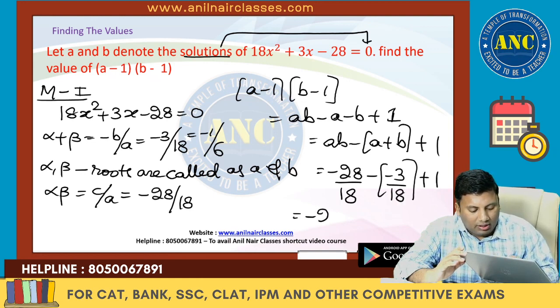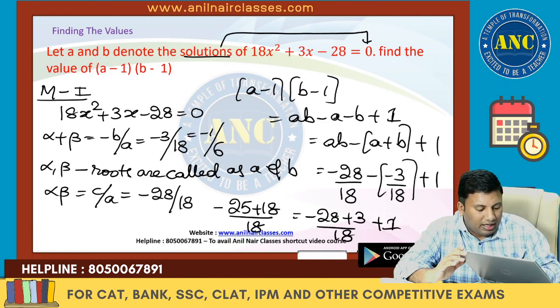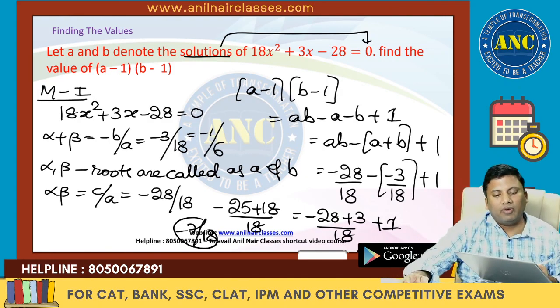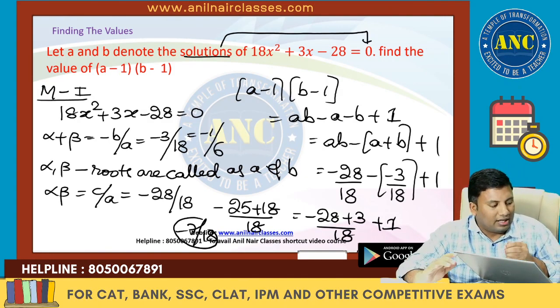This is (−28 + 3)/18 + 1. Whatever the answer you get, (−25 + 18)/18 is −7/18. This is one way to find it. This is a solution.